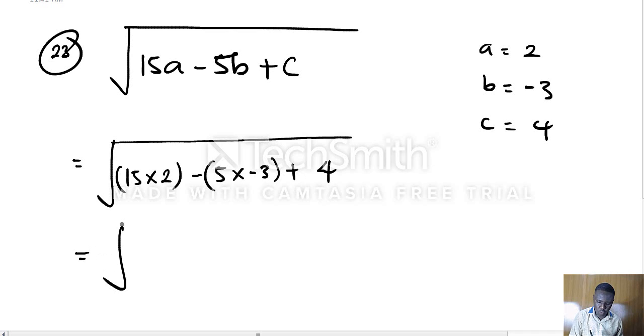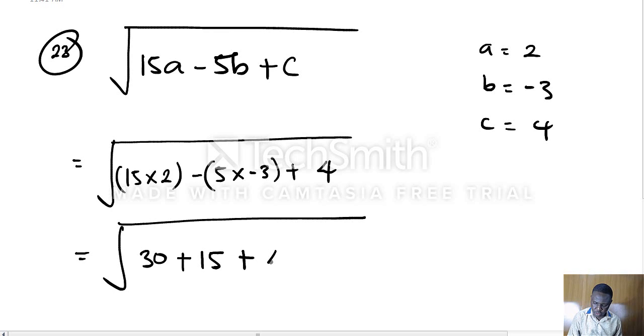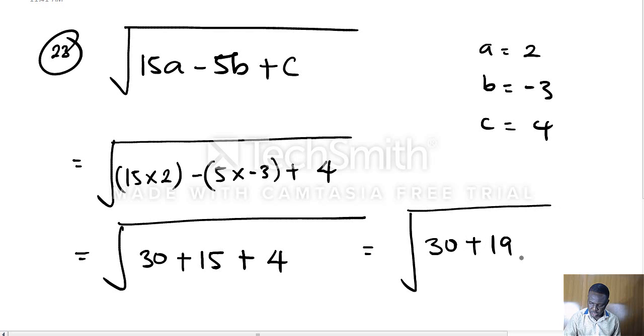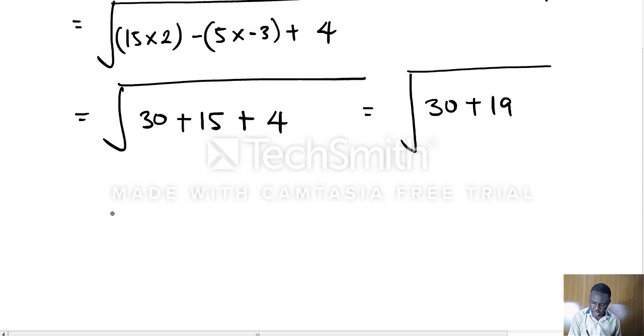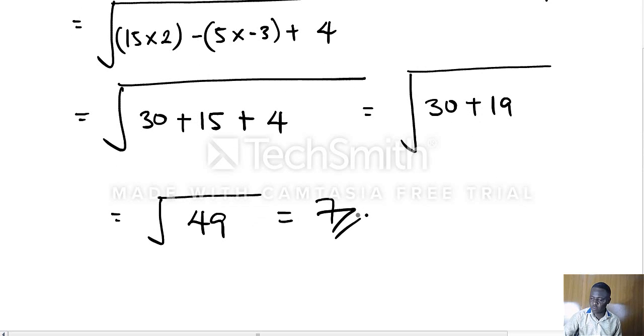This is equal to square root of 15 times 2 is 30 minus 5 times minus 3 is minus 15, times the negative outside becomes positive 15, plus 4. This is equal to square root of 30 plus 19, which is equal to root 49. And square root of 49 is said to be 7.